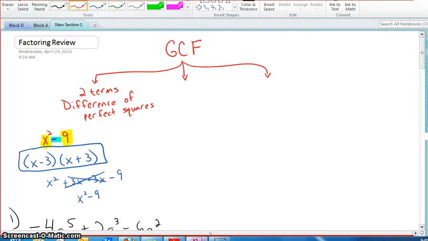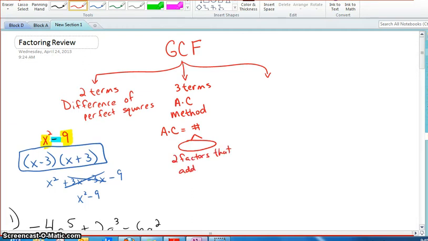Okay, if there are three terms, I'm looking to try the AC method. So remember, you multiply A times C, you find the factors that add up to B, and then you factor by grouping from there.